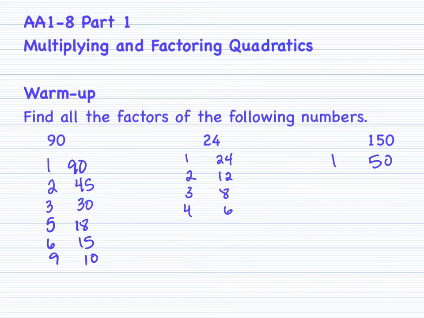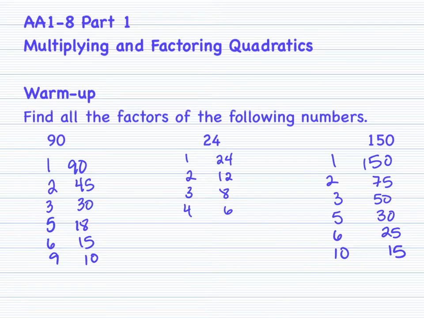1 and 150. 2 and 75. 3 and 50. It's not divisible by 4. 5 and 30. It's not divisible by, oh yes it is. 6 and 25. Not divisible by 7. Not divisible by 8. Not divisible by 9. So then we're at 10 and 15.